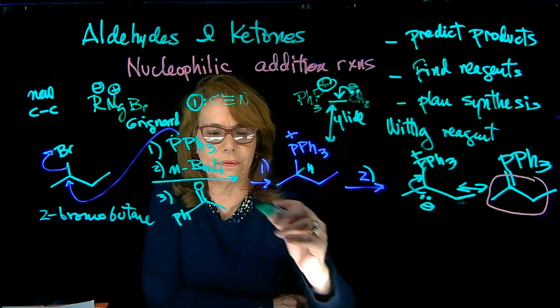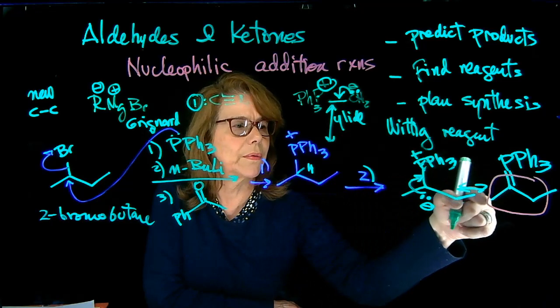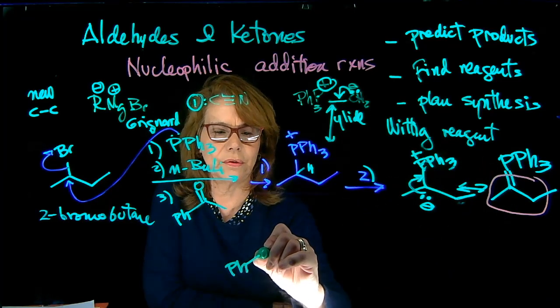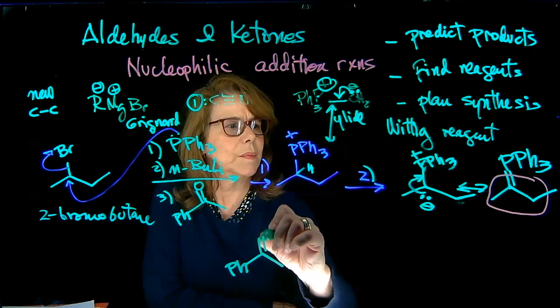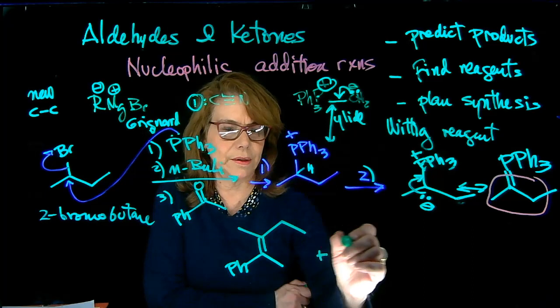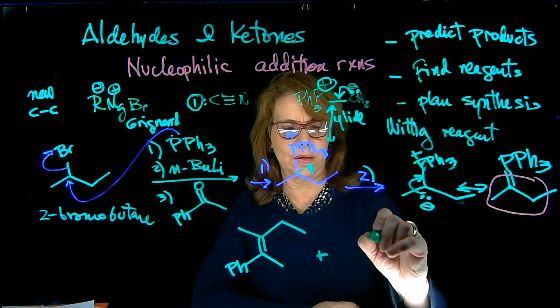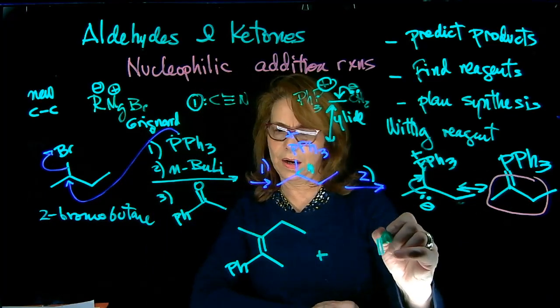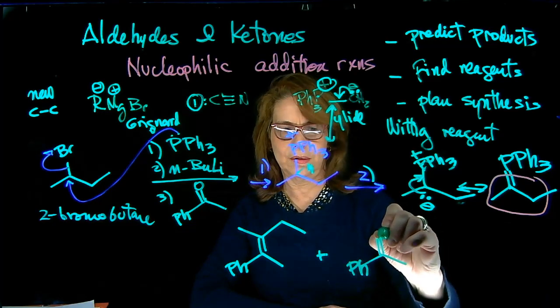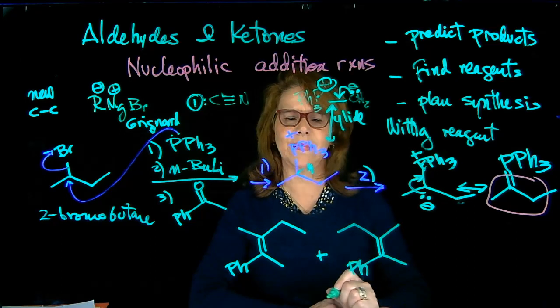So in place of the O, I'm going to put this part to make the alkene. So I can draw this, and I can also draw another isomer, and I can have that.